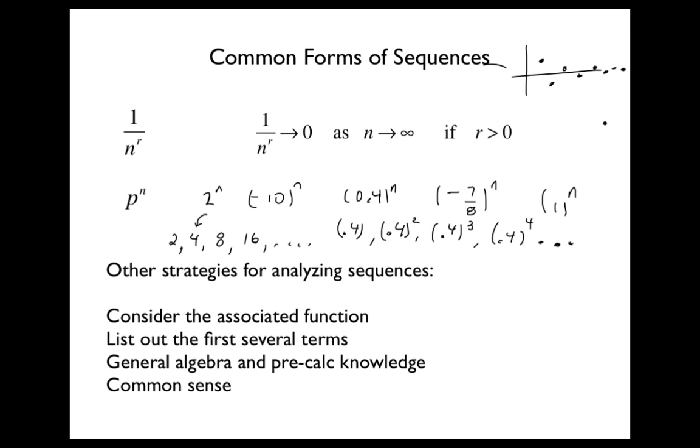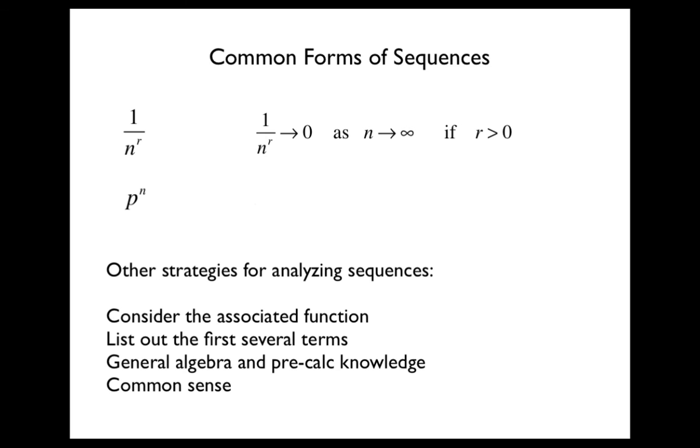Okay, what about 1 to the n? Convergent? What is that sequence? What's 1 to the n? 1, 1, 1, 1, 1, 1. Convergent? Does it get as close as you want to a particular value? Yes. It's 1, so it's convergent to 1. That's the one exception.